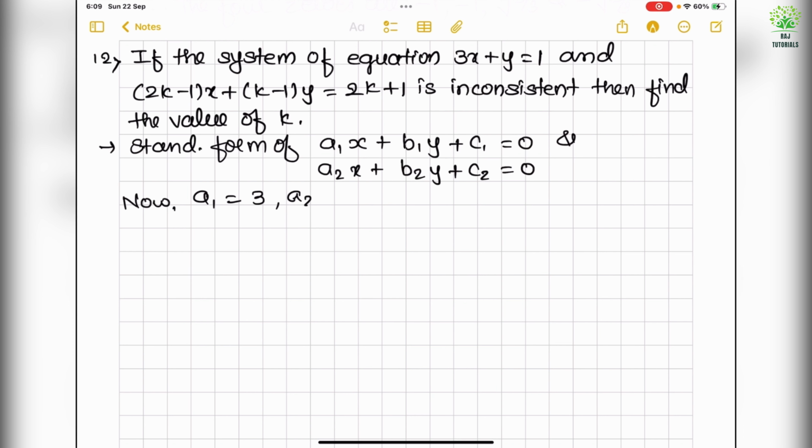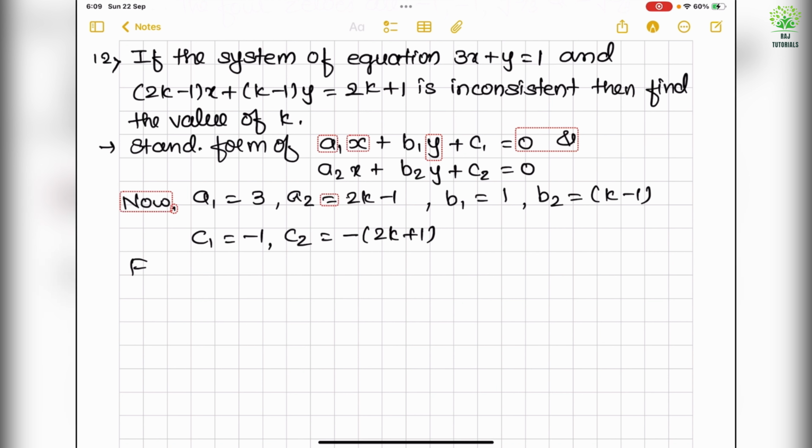Now, comparing both the equations with them, I will have a1 equal to 3, a2 equal to 2k minus 1, b1 I will have as 1, b2 I will have as k minus 1, c1 I will have as minus 1 and c2 as minus 2k plus 1.